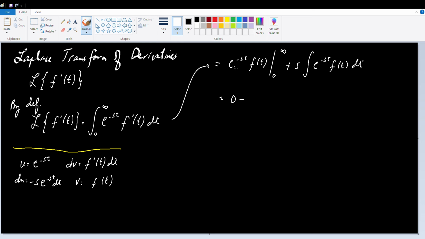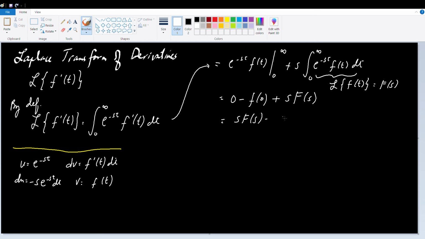Substitute 0 for t: e to the negative s times 0 is e to the 0, or 1, times f of 0. Plus s integral from 0 to infinity of e to the negative st f of t dt. We recognize this as the Laplace transform of f of t, which is F of s. So that becomes s F of s minus f of 0. So that is the Laplace transform of f prime of t.